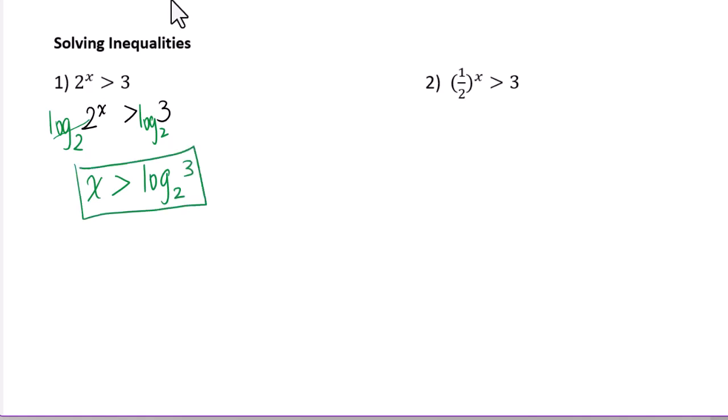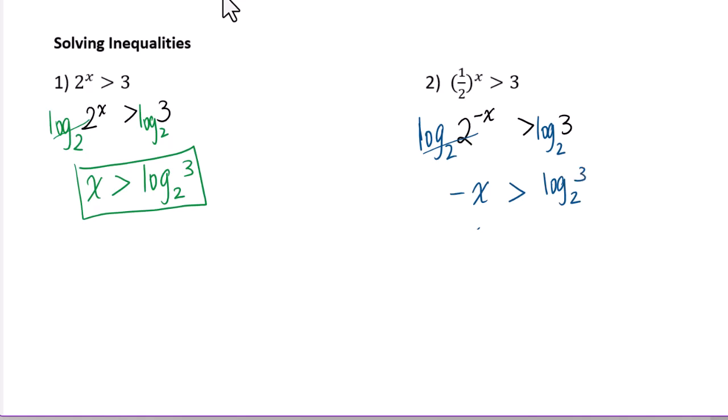Let's go to 2. 1/2 to the x power greater than 3. We will change 1/2 into 2 to the negative x power greater than 3. We will take log base 2 of both sides. Negative x greater than log base 2 of 3. Then we divide by -1 on both sides. x less than negative log base 2 of 3.